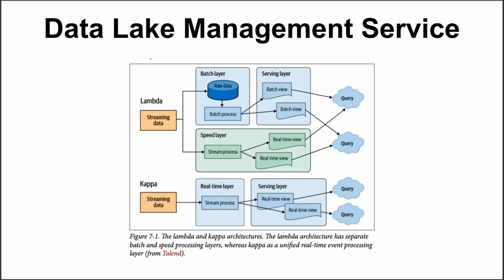Now, if you look further, as we stabilized on the lake paradigm, what then happened is we started having two classes of persistence, or two classes of lakes, so to speak. One was the traditional data lake, which is built on object storage.